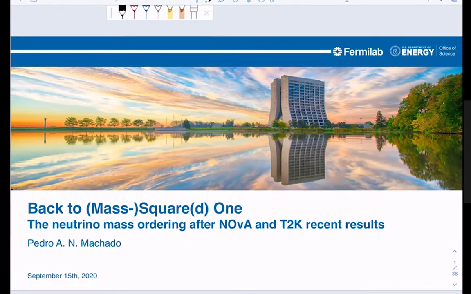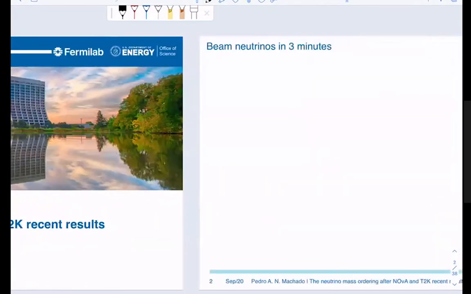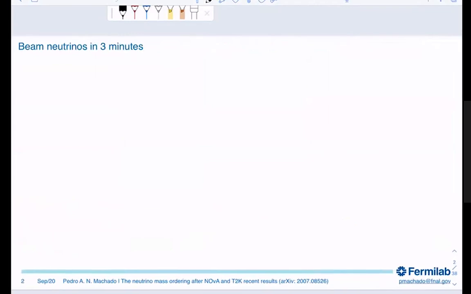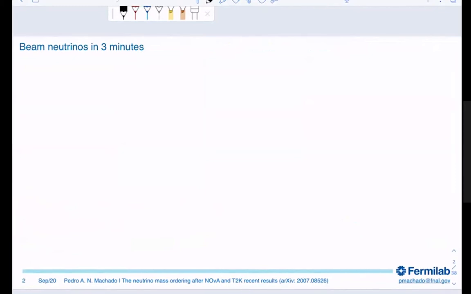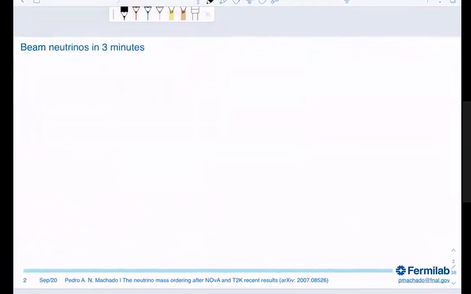So let me start. The first thing that I want to tell you is that I understood that several of you are not neutrino physicists. So let me tell you about beam neutrinos in like 3 minutes, because this is one of the most important things that we are going to discuss here. So beam neutrinos, the way you produce them is basically via QCD.